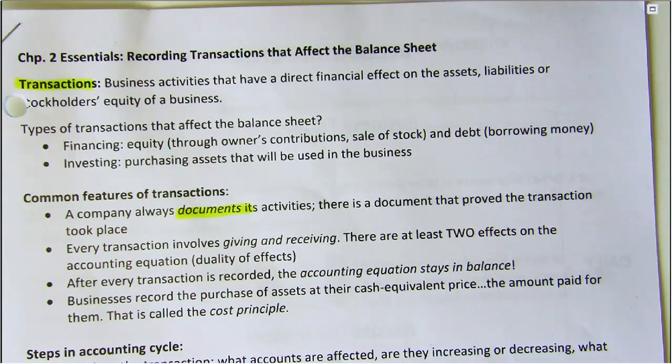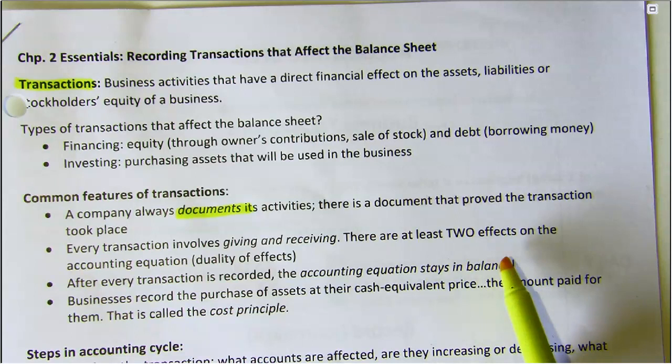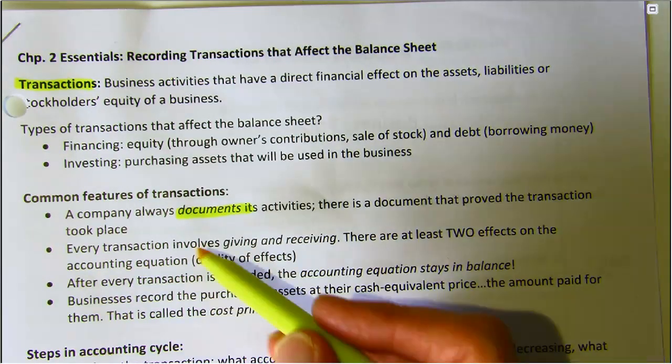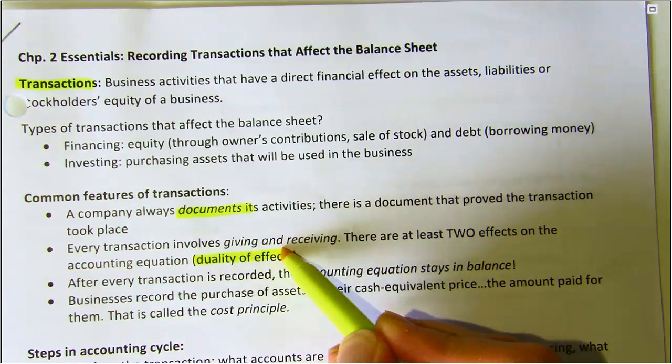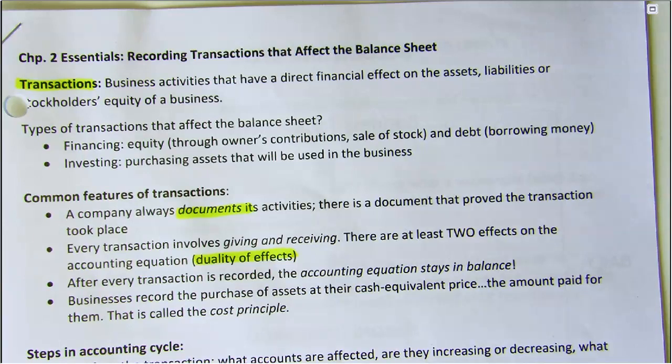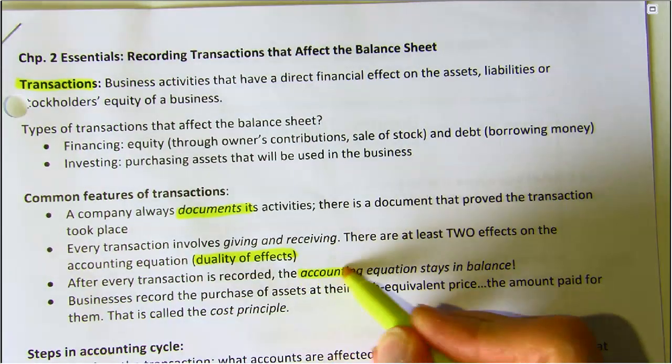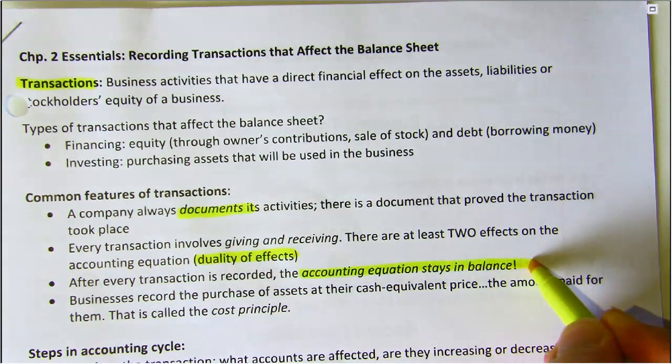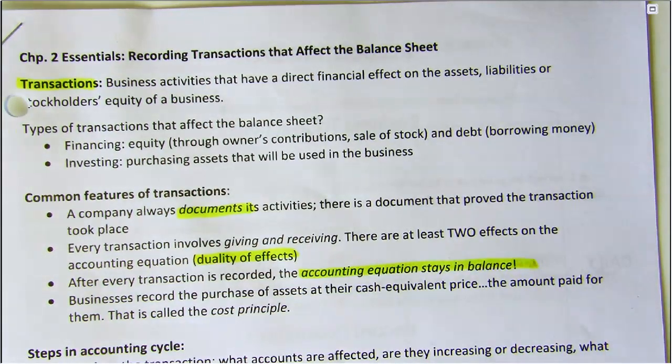The second feature is that every transaction involves a giving and receiving. There are at least 2 effects on the accounting equation. We call that the duality of effects. There's always a giving and a receiving. After every transaction is recorded, the accounting equation, assets equal liabilities plus stockholders' equity, stays in balance.